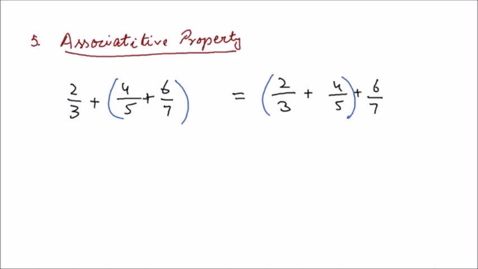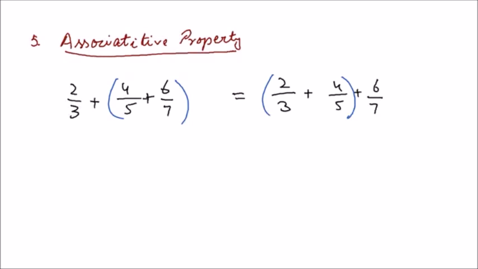Now associative, what is the meaning of association? The word associative means group. So in this type of question we make groups using brackets. If the answer is the same, then we will say that rational numbers have associative property.